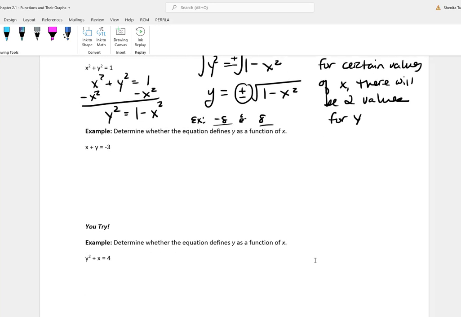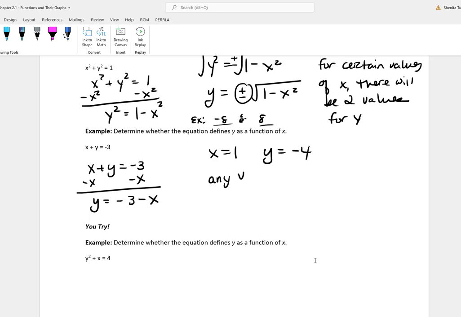If you look at this next problem, we have x plus y equals negative 3. We're going to get y by itself, so I'll subtract x from both sides. I get y equals negative 3 minus x. So in this problem, if we plug in a number for x, we're going to get one number for y. For example, if you plug in x equals 1, your y is going to be negative 4.